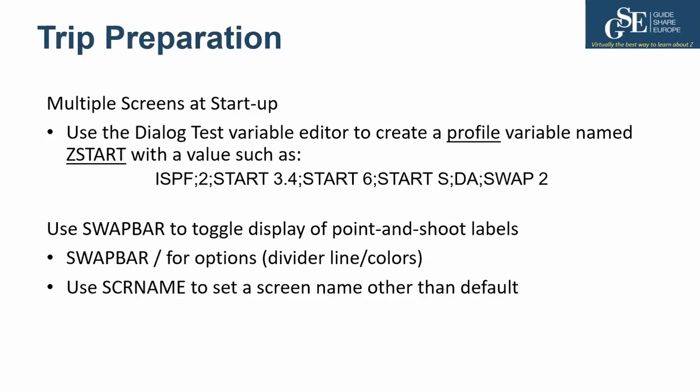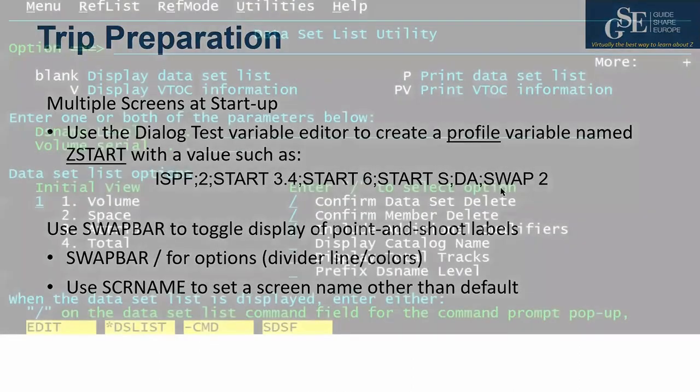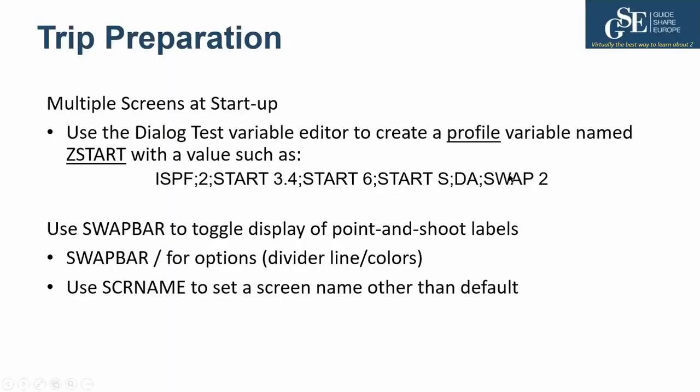You're now able to start up ISPF and have multiple screens come up automatically. The way that is done is with the ZStart profile variable. You set that in dialog test, and option 3 is the variables. This is going to start ISPF, go to option 2, start a new session with 3.4, another one with option 6, another one with SDSF, sorry about that, and then swap back to 3.4.